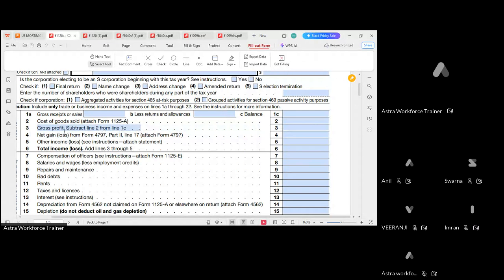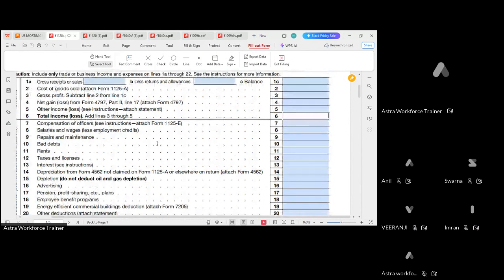Then the net gain and other income, if any is available. If not, it will be 0, and you will get the total income. From this, you subtract the compensation of officers, salaries and wages, repairs and maintenance, bad debts, rent, taxes.